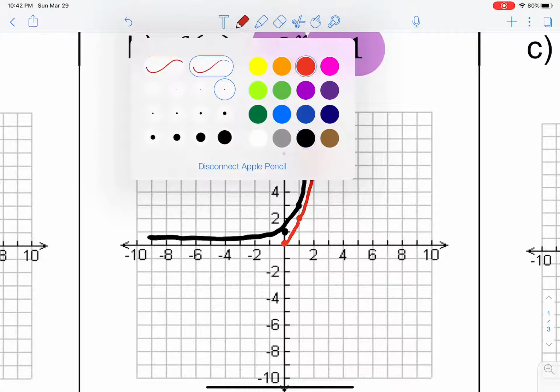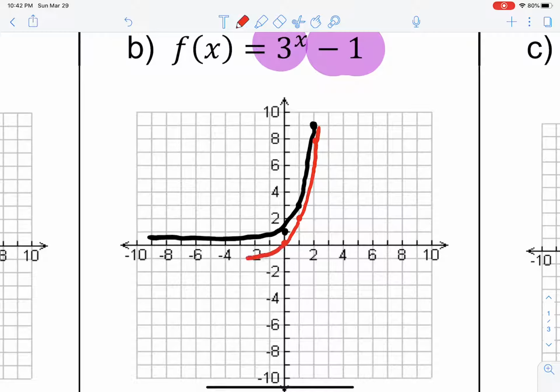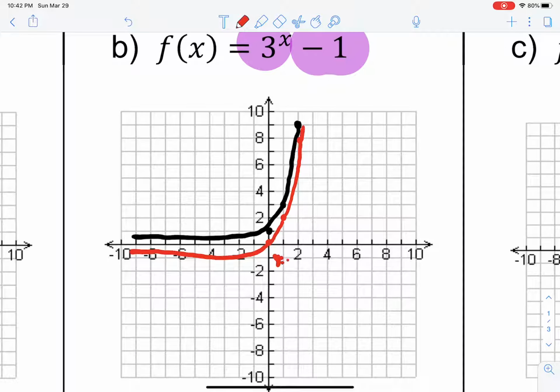The red line is actually going to go along y equals -1, the reason being, of course, we are subtracting 1 here.